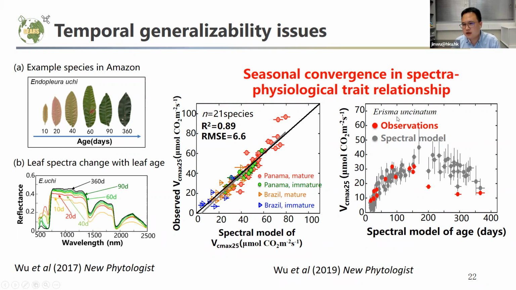The results are shown on the right panel. The red color indicates the field observations and the gray color indicates the spectral model result. Overall, we found that the spectral model result can help us construct the lifetime change of Vcmax25, especially when the leaf goes from new leaf to mature status.